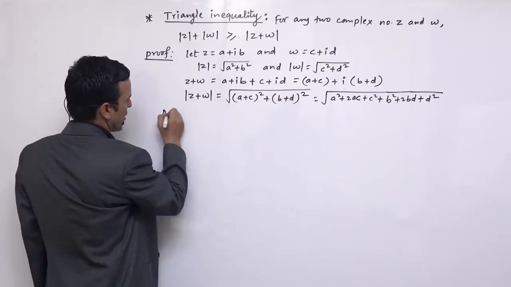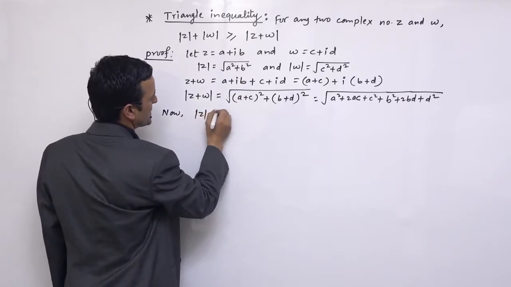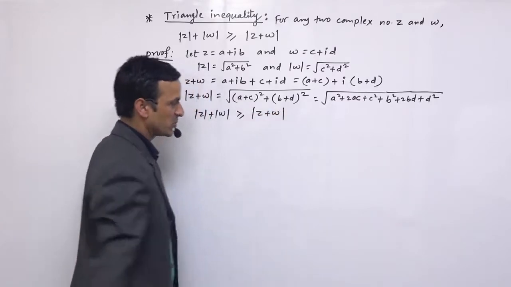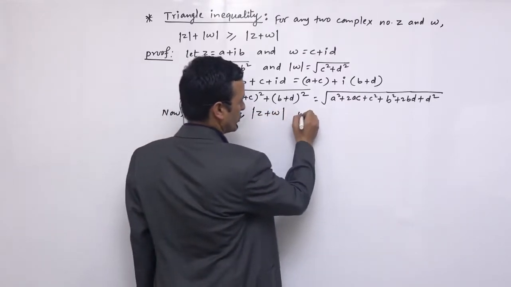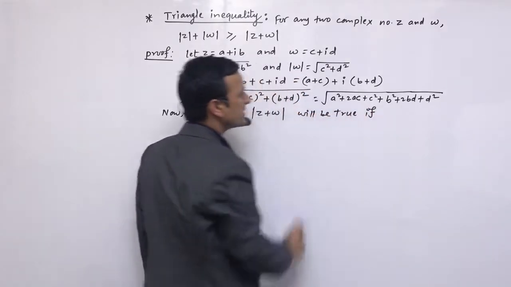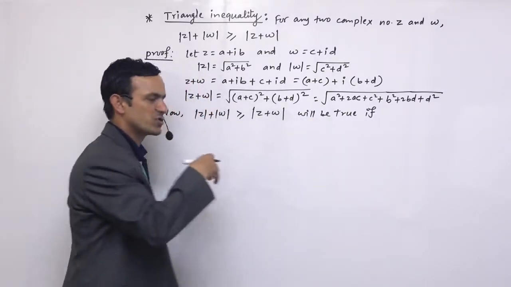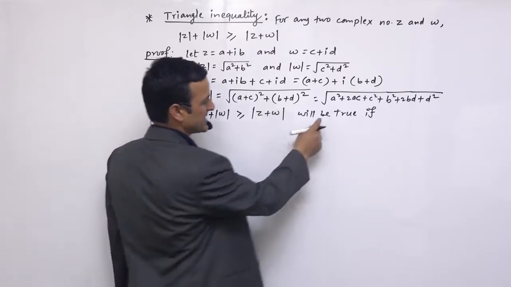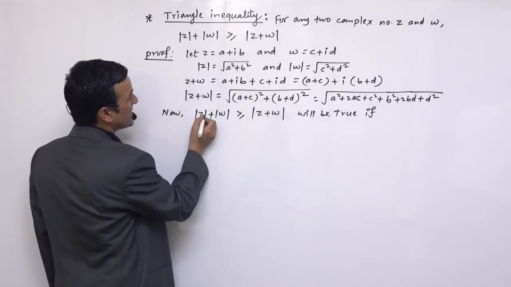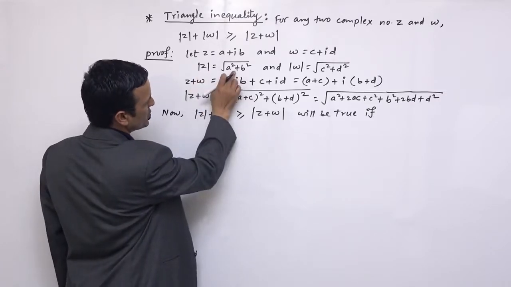Now our main question is this one. Modulus z plus modulus w greater than or equal to modulus z plus w will be true if this relation will be true here. So we have to show whether this relation is true or not. Suppose this is a true relation, then we can put the value of modulus z, which means this one.